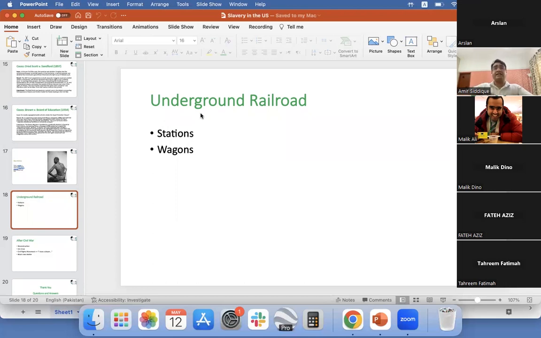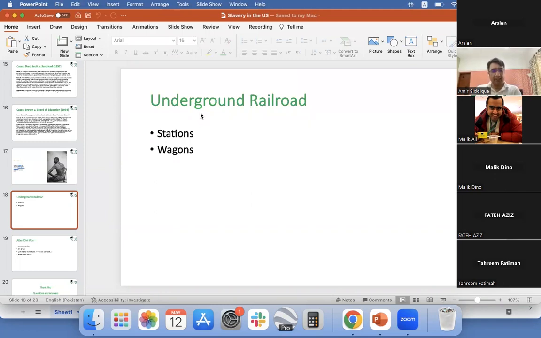So this was a network of people, white and black together, who would go to the South and help slaves break free from slavery. They would give them money, or they would take them along and get them out of the South, and then give them shelter, money, and take them to the North and help them get employment and start a life as free people.